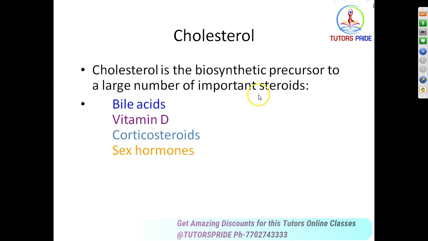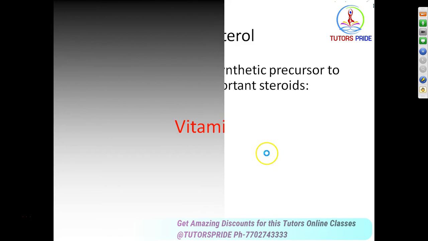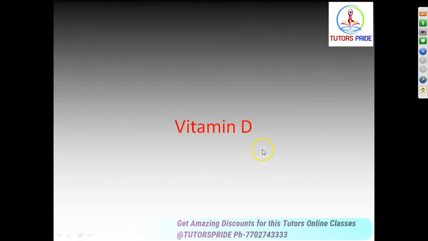So cholesterol is the biosynthetic precursor for different types of steroids, as we have discussed, like vitamin D, corticosteroids, and sex hormones like pregnenolone, progesterone, as we have seen in the example, 17 beta estradiol, aldosterone, cortisol. So cholesterol is the precursor for the synthesis of all these molecules.